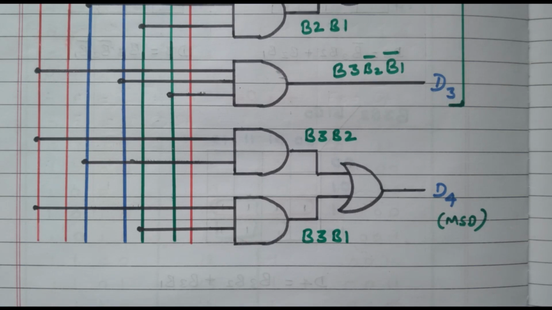From 10 to 15, 2 digits are there, so we have one more term called D4. So D4 will be 1 for the values 10 to 15. Then we framed the truth table. From the truth table, by using the K map, we got the simplified Boolean expression. That Boolean expression is implemented with the logic gates, so that we can get the binary code to BCD code.